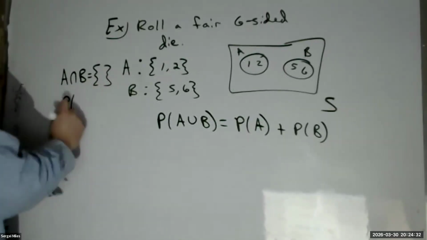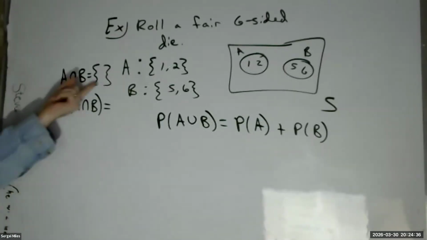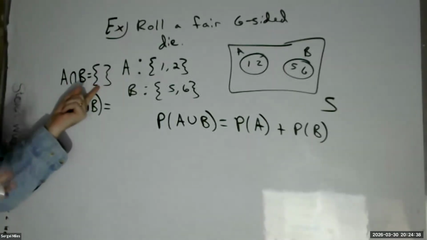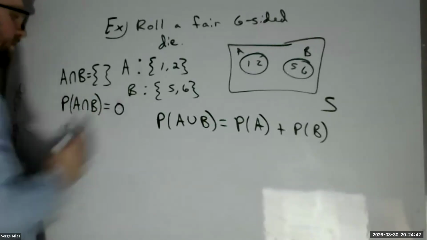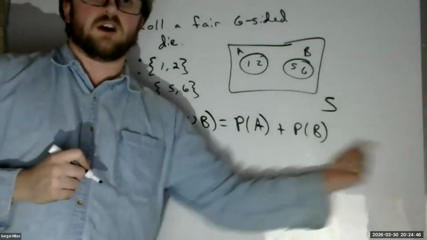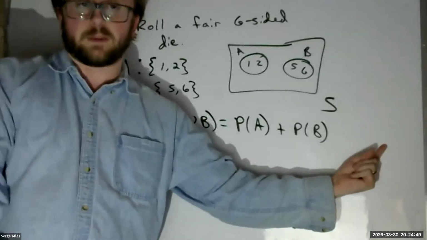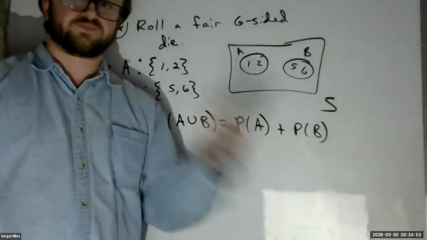And so if you're trying to look at the probability of an empty set like this, well, there's no sample points in that intersection. The probability of nothing then is just 0. So there's no intersection to subtract off. We don't have to worry about it. The probability of the intersection is 0, so we don't have to subtract it.